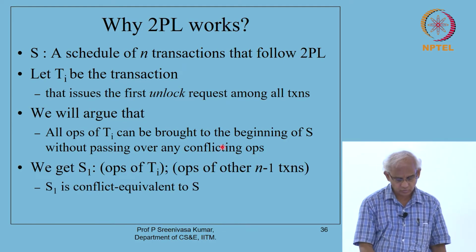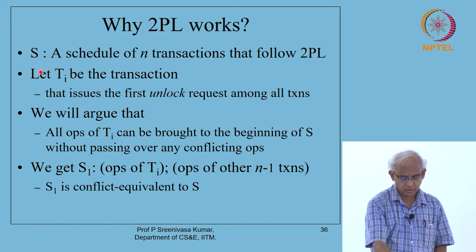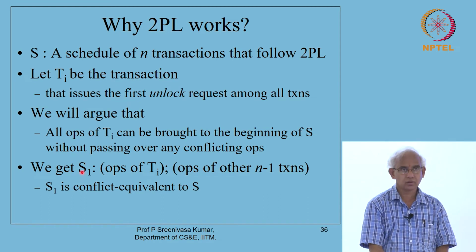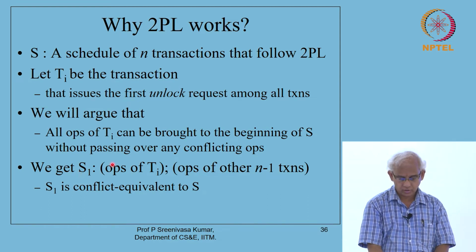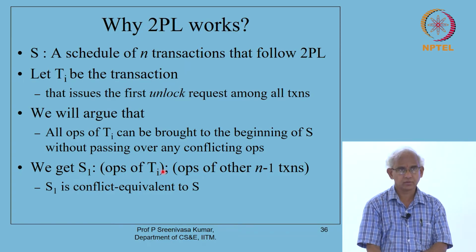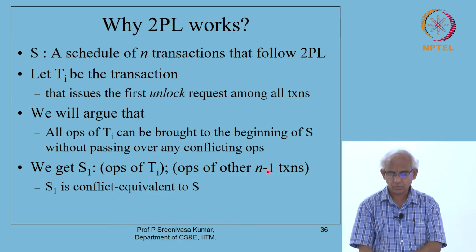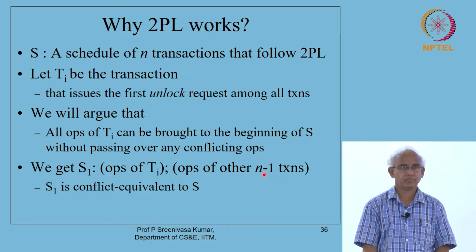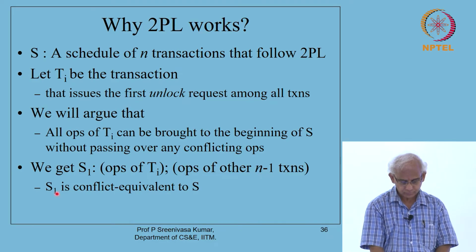then from S we will get a new schedule called S1, where all the operations of Ti are together, followed by the operations of all the other n minus 1 transactions.